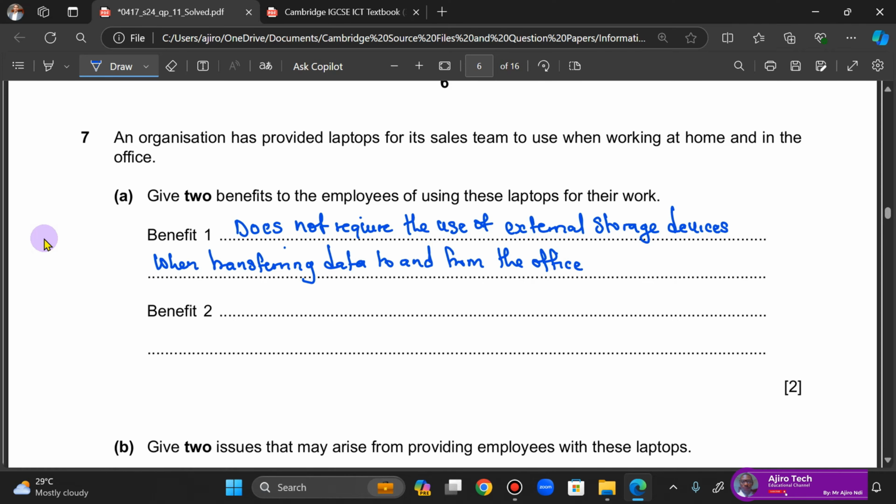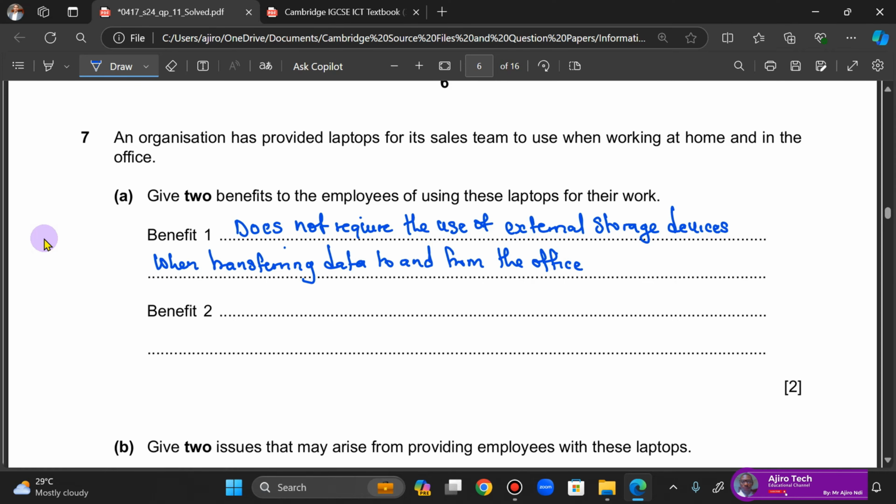And another benefit to the employee of using this laptop for their work, looking at it from the employee's perspective, is that the employee doesn't need to buy a laptop. That will save money. Let's go with that basic ideology.